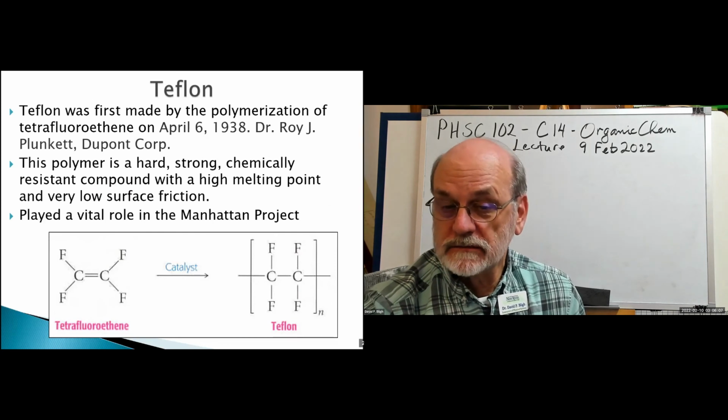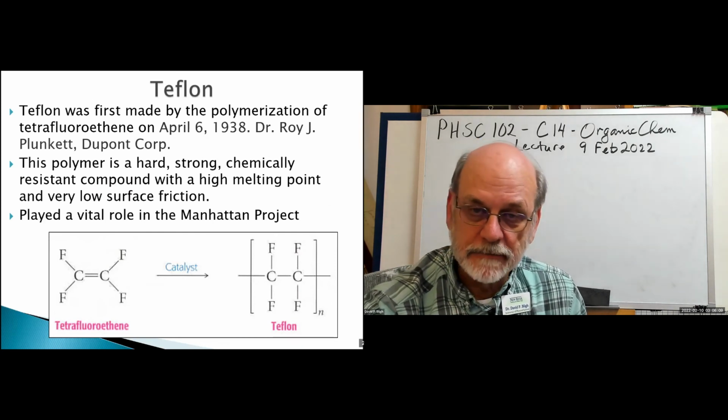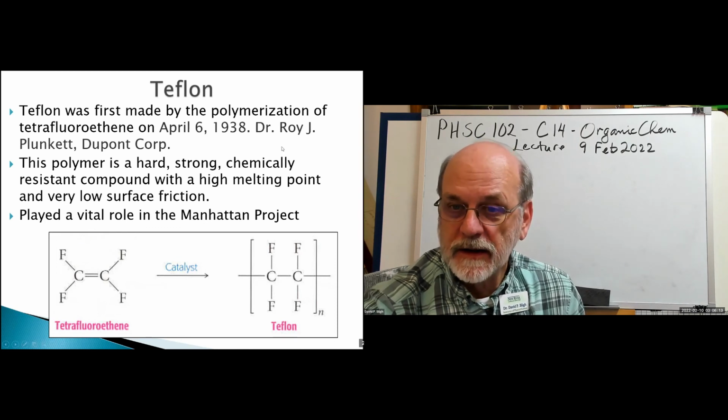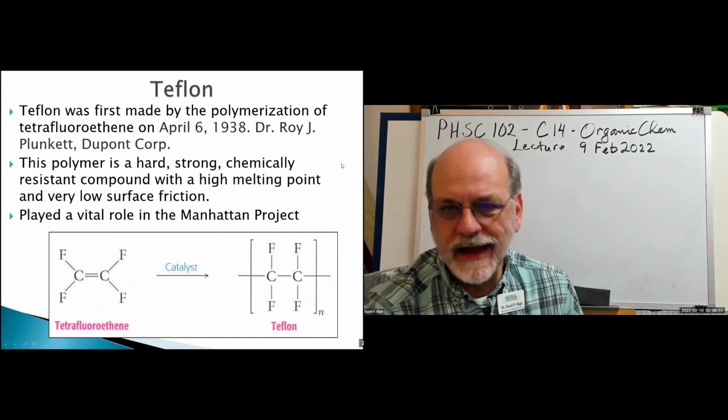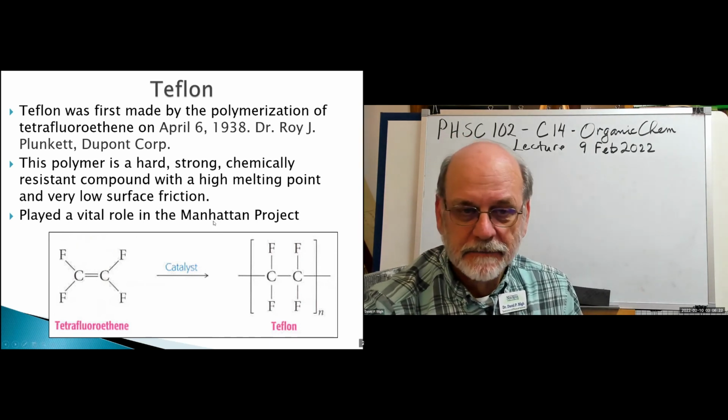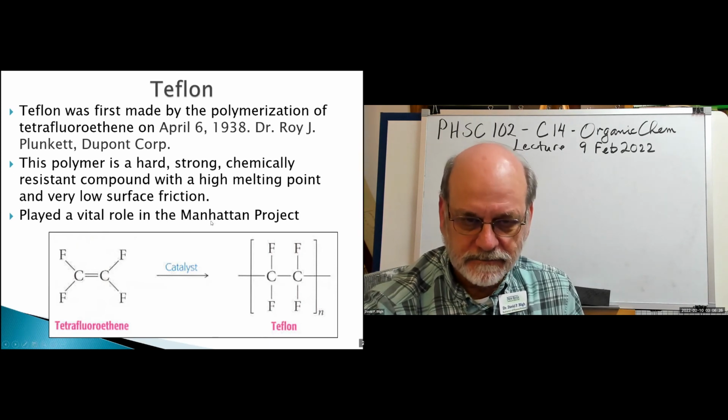Teflon is a polymer. It's an addition polymer. And it was first produced at DuPont by Roy Plunkett and his group. He had help, of course. And it was purely by accident that they created this compound.